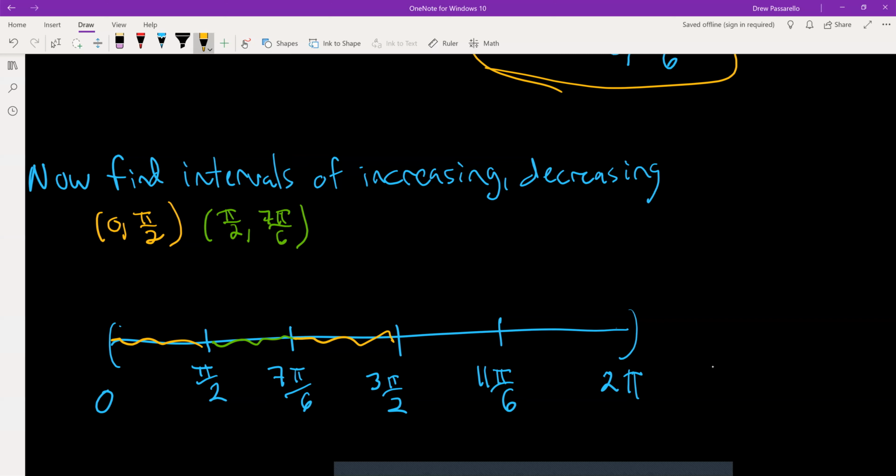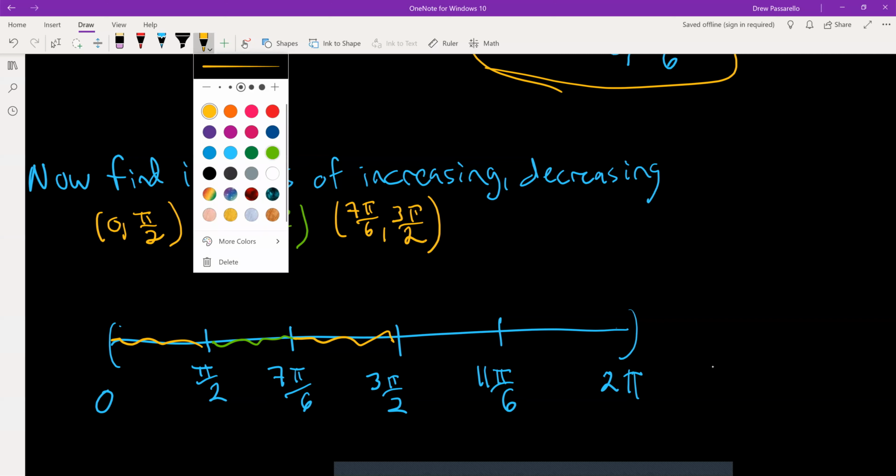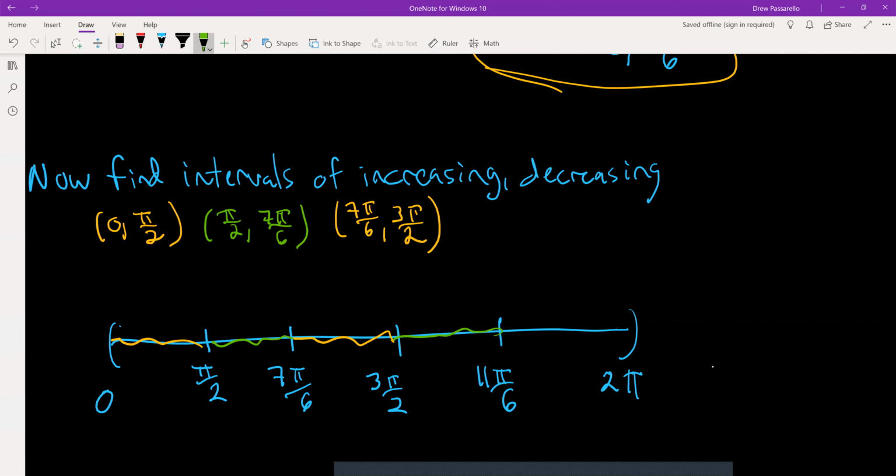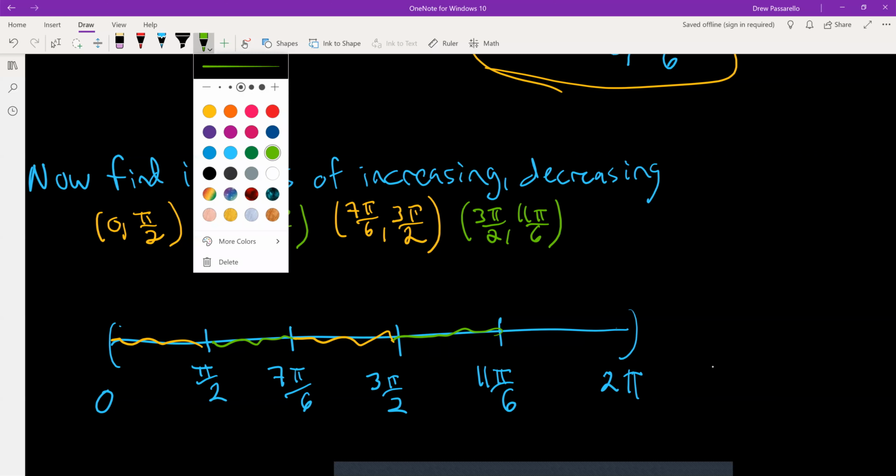Seven pi over 6 to 3 pi over 2. Then I have 3 pi over 2 to 11 pi over 6. And then the last one is 11 pi over 6 to 2 pi.